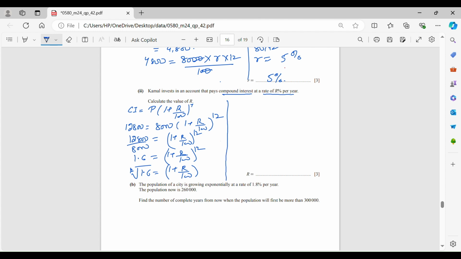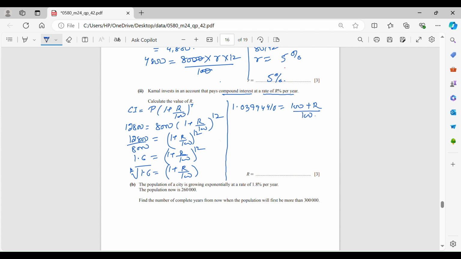So we will use a calculator and find this value. It will be equal to 1.039944410 approximately, which equals 1 plus r by 100. We will multiply by 100.